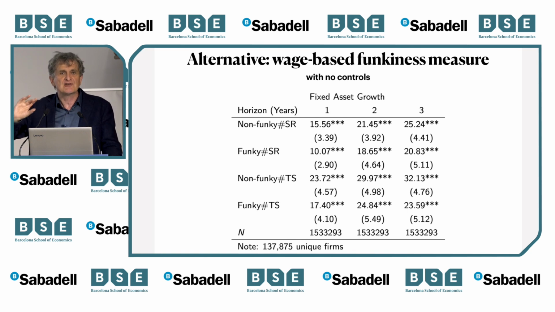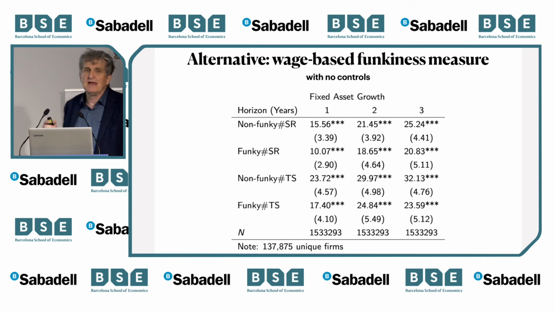So, what fraction of the total remuneration, wages, of a firm go to key workers? And the idea being that if that ratio is high, then it's a funky firm, insofar as a lot of the wage bill is finding itself in the pocket of a very few people, the key workers, the little johns. And then the logic being that those firms should find themselves less exposed or less benefiting from a fall in the term spread.